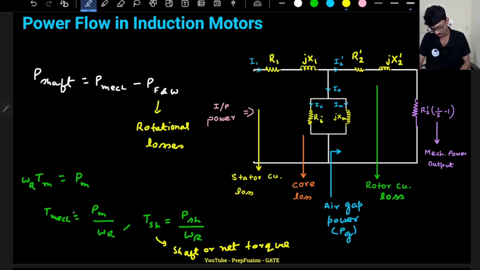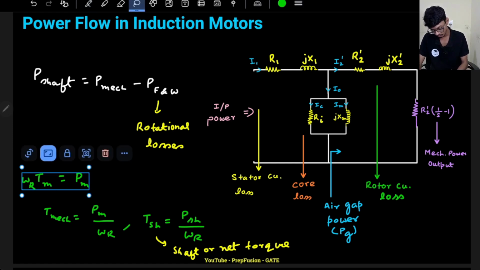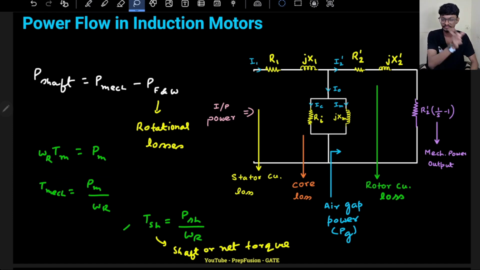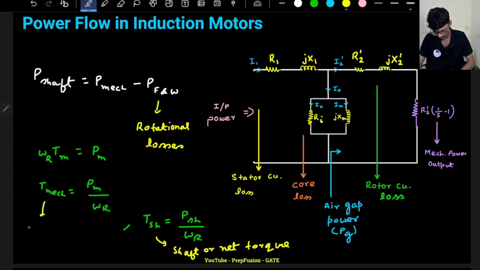And this is known as the torque developed, because the induction motor in reality is trying to develop this much amount of torque, but it is not able to because there are friction and windage losses. This is the developed mechanical torque.